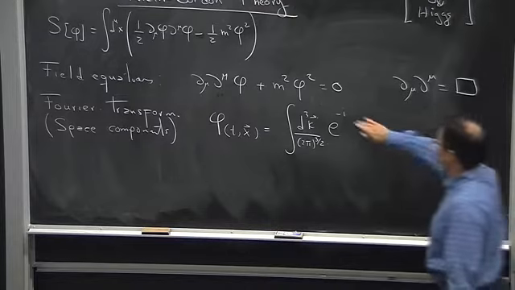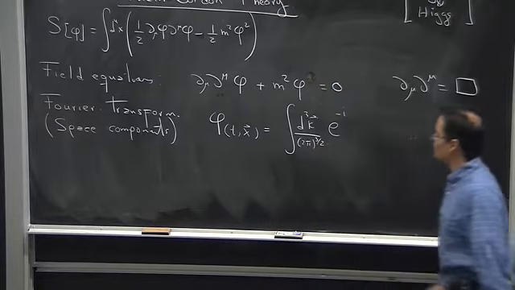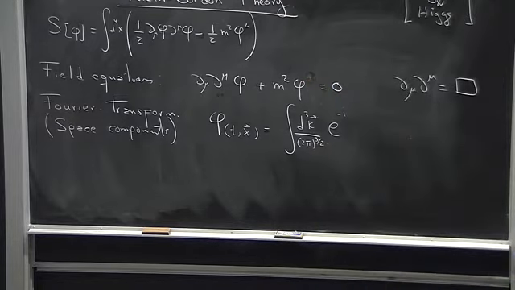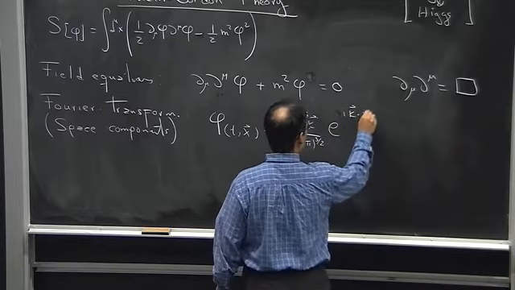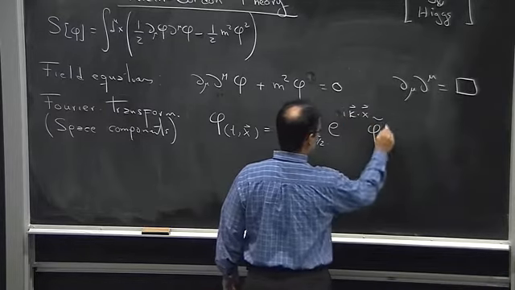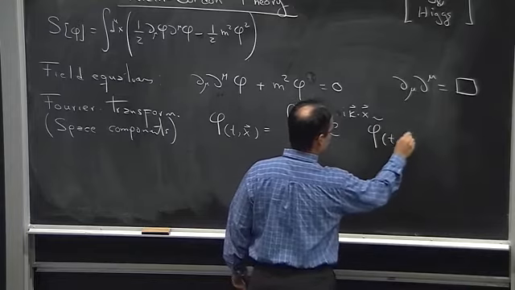Oh, sorry. Yeah, there is no phi squared. That would be a little bit more complicated. We will have a phi squared, but that will happen later. Not now. Okay. So we have k dot x and our field phi tilde of t and k.